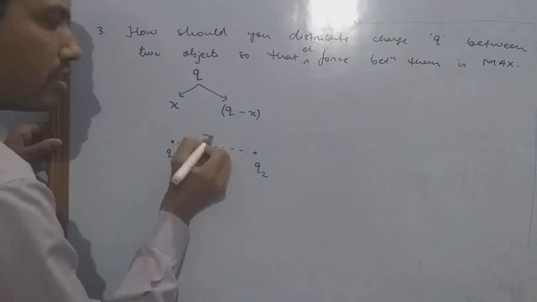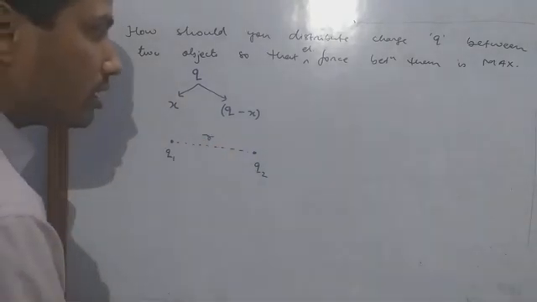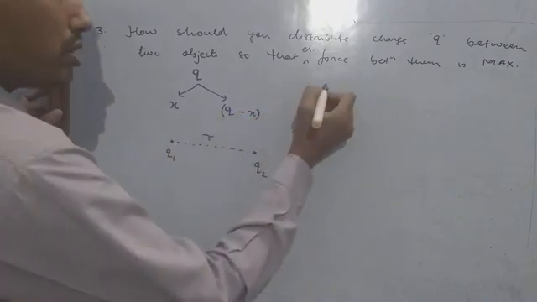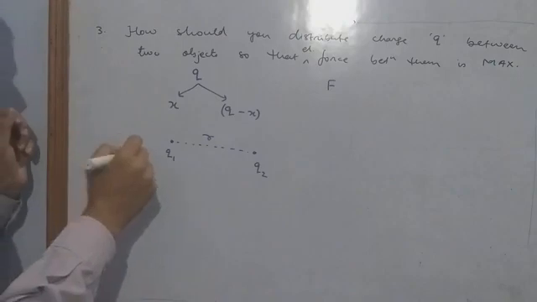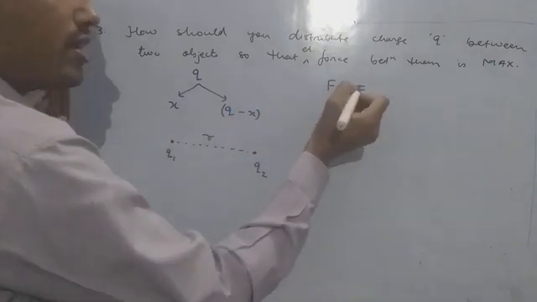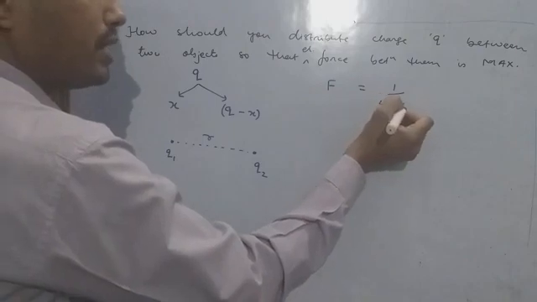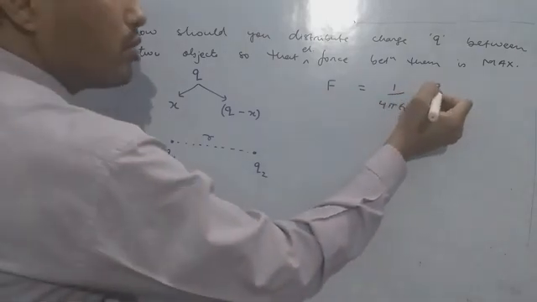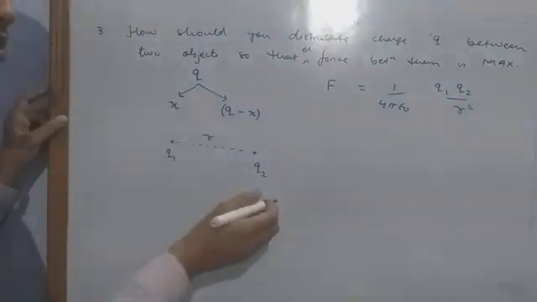For any given separation R, what does Coulomb's law say? It says that the force of attraction or repulsion between them is having a magnitude given by the formula 1 upon 4 pi epsilon naught, product of charges divided by square of distance between them.